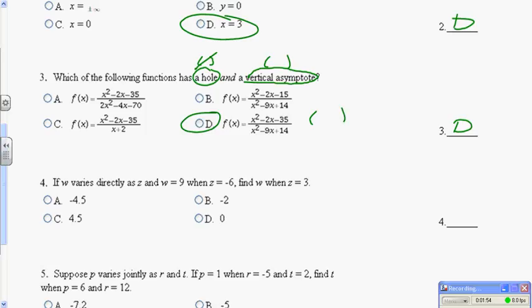Because in factored form, one of the factors in the denominator of this one will cancel. We have x plus 7 and 5, x minus 7 and 2. So the 7's cancel, there's your hole, and here's your vertical asymptote.